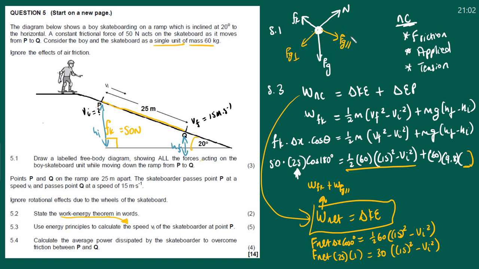Remember, for FG, we usually use its components. So the WNet is only made up of these two forces. So for every case, for the WNet you add the forces along the axis of motion.